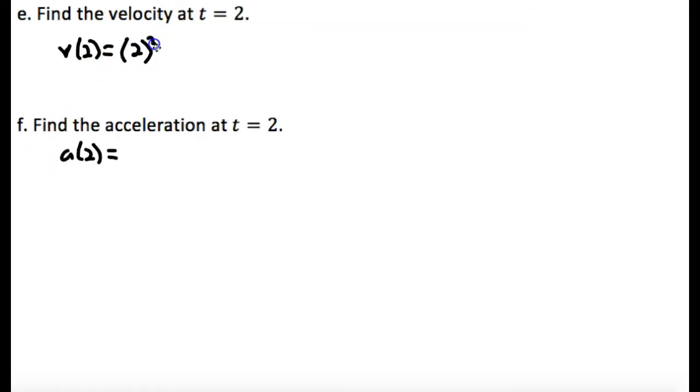So 2 squared minus 8 times 2 plus 7 is 4 minus 16 plus 7 is negative 5. And acceleration is 2 times 2 minus 8, so negative 4.